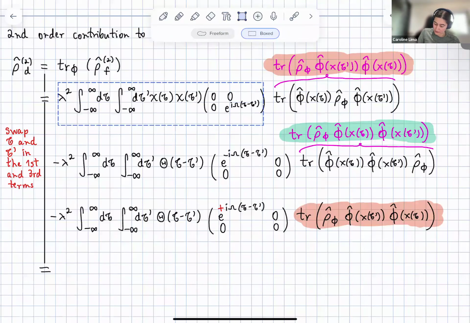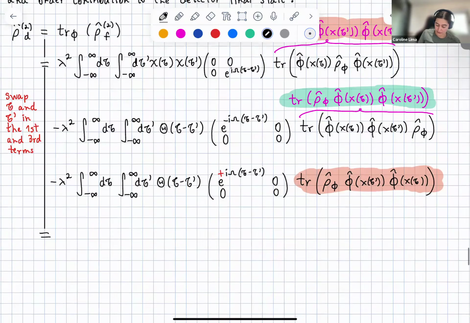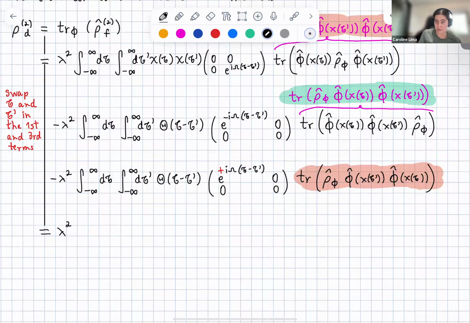Let me write down everything so that you guys have the same pace to write. So if I just swap tau and tau prime, you're going to see that, well, here nothing changes. For chi of tau and tau prime, nothing changes, right?